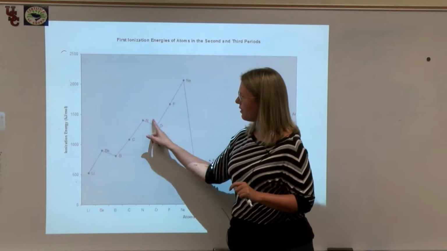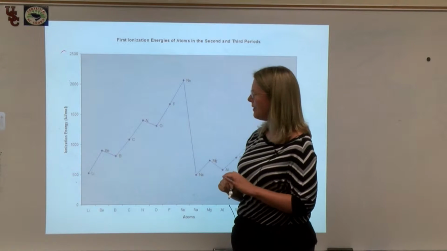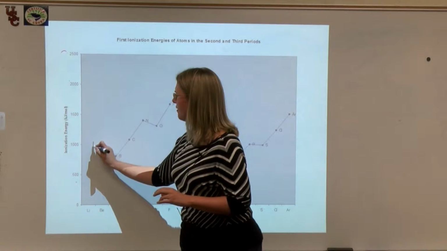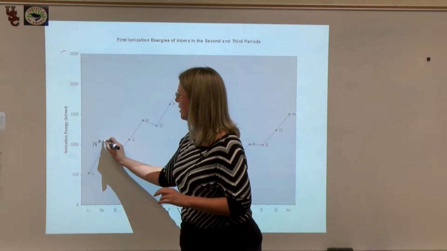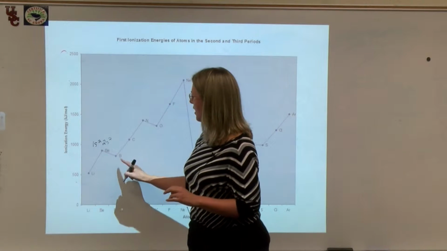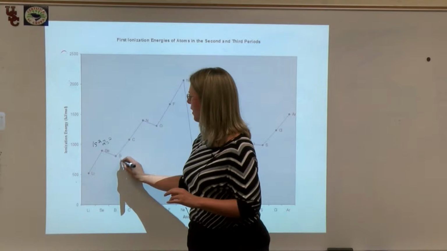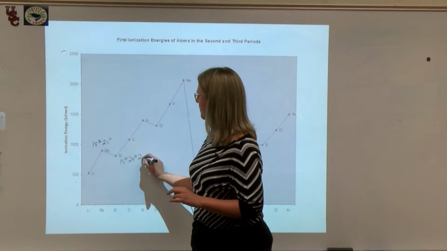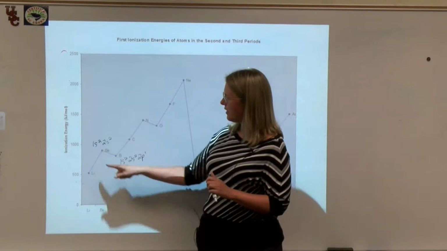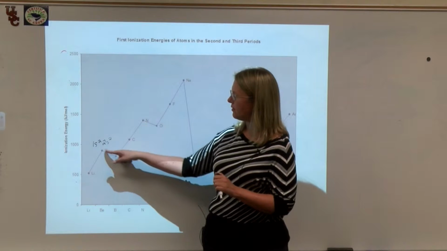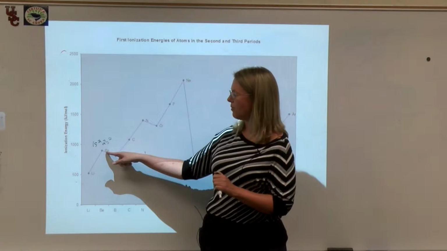The reason for the discrepancy here, for beryllium, its electron configuration is 1s2, 2s2. The electron configuration for boron would be 1s2, 2s2, 2p1. And if you look at the data, you can see that the electron being removed from boron is a little bit easier than the electron from beryllium.